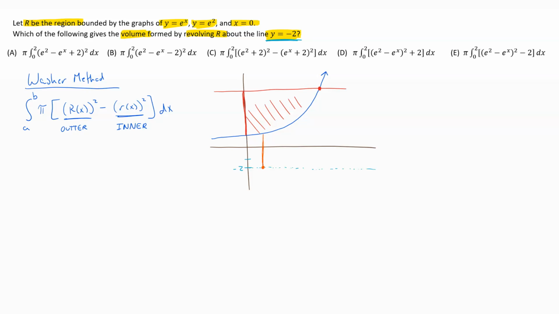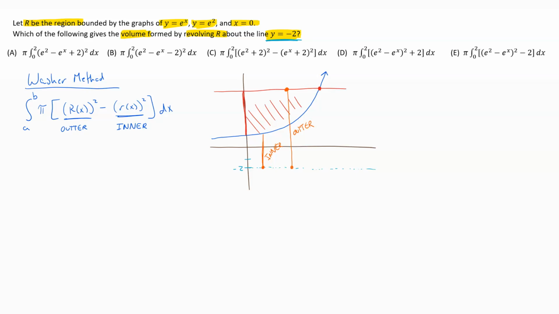Whatever graph I run into first creates my inner radius. Then I ask, what am I going to hit second? After I draw through the first graph, I run into the second graph, and that's my outer radius. It's going to go up to that e squared graph.